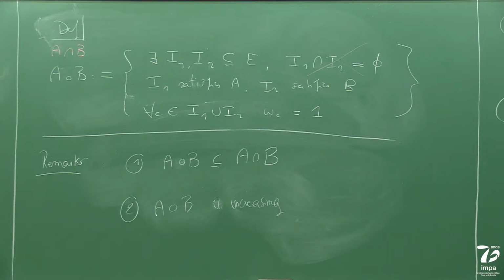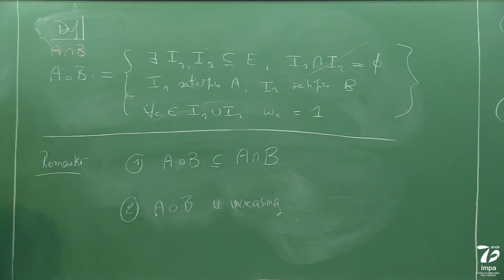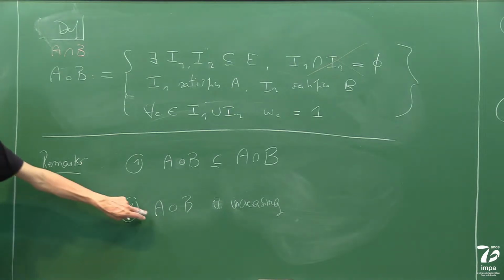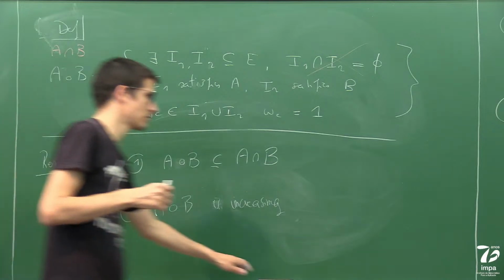And okay, what is the BK inequality? Well, it tells you that if you don't look now at the intersection, but if you look at now this disjoint satisfaction of events, then you have the reverse of the FKG-Harris inequality.